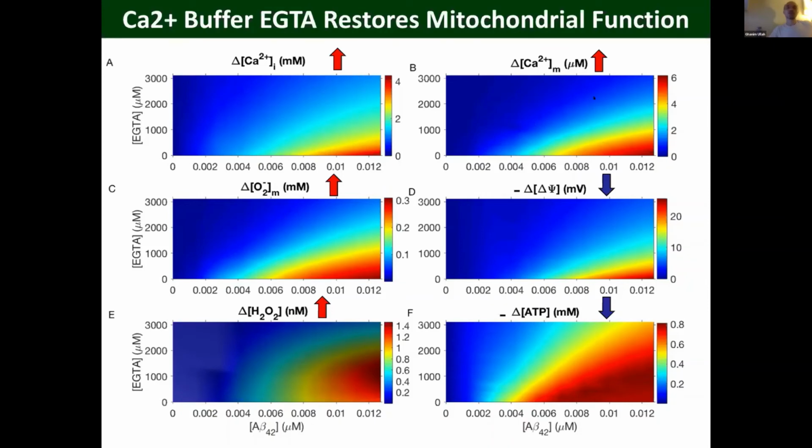You see that behavior in the mitochondria and the other variables. But what's interesting is that the reactive oxygen species are also recovered, and the same with the drop in the membrane potential and the drop in the ATP, which are also recovered when we add EGTA.